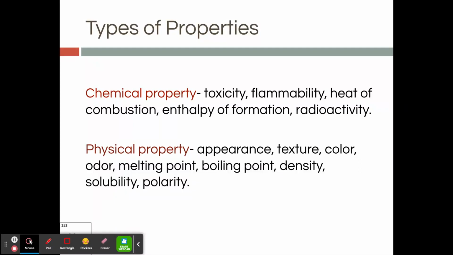Does it smell? What are the melting or boiling points? What's the density? Can it dissolve? Or is it going to be considered polar? So make sure you have a good list of what's considered a chemical property and what's considered a physical property. Those two aspects will run hand in hand with our chemical and physical changes, which is our main point for today.